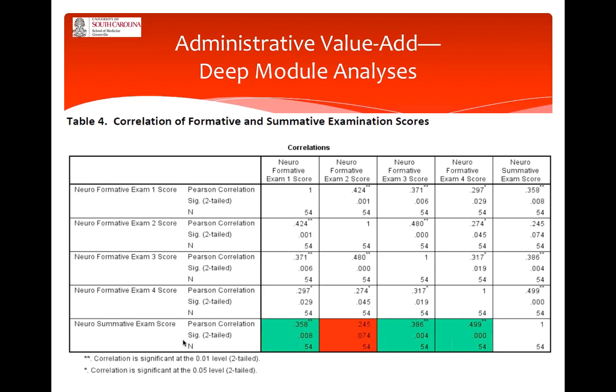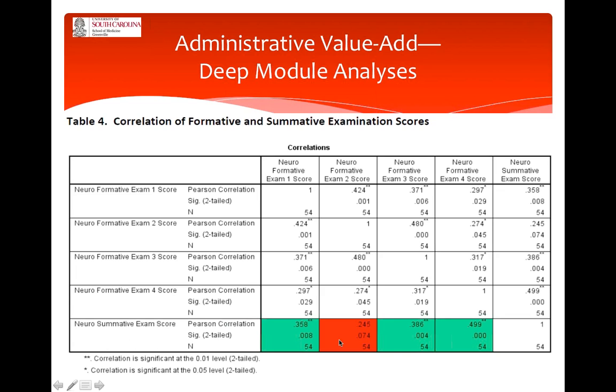I mentioned before our use of data. One of the great features, again, of ExamSoft is we use the testing system to use formative items, which are, in a sense, parallel types of questions to be found on the summative exam, for which the students receive their grades. Well, we use the results from the formatives to predict student success on the summative, and so therefore we would expect all of the formative exams to correlate in a significant manner with the summative exam scores.